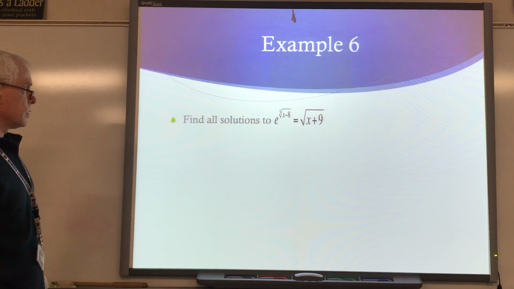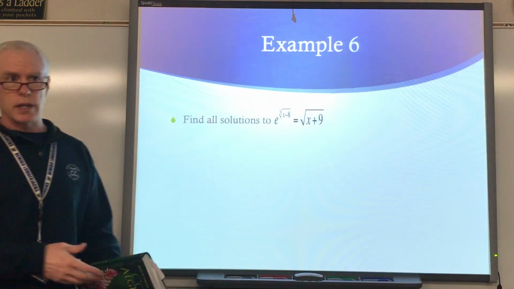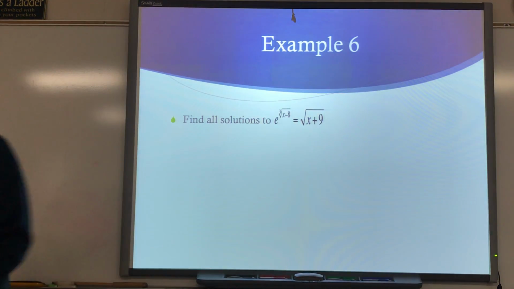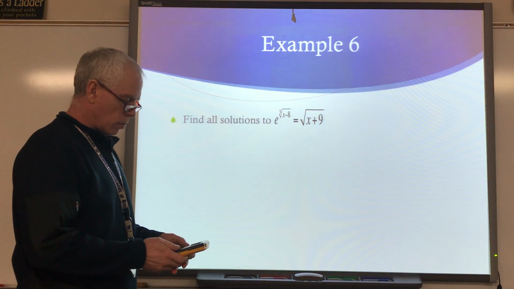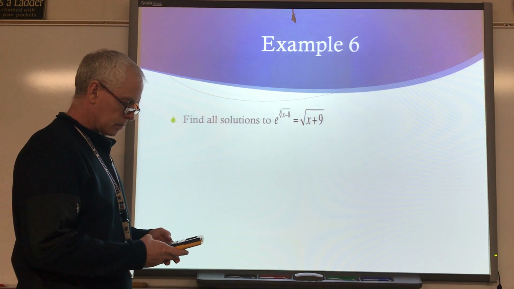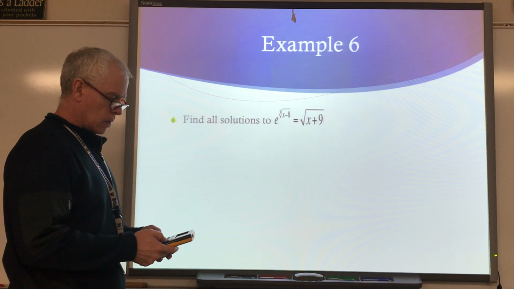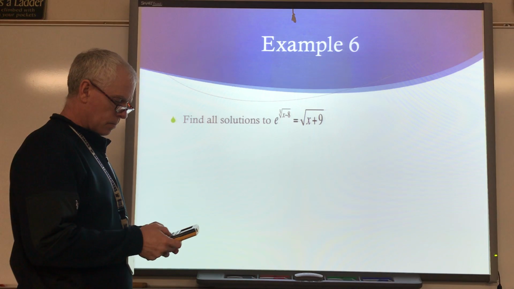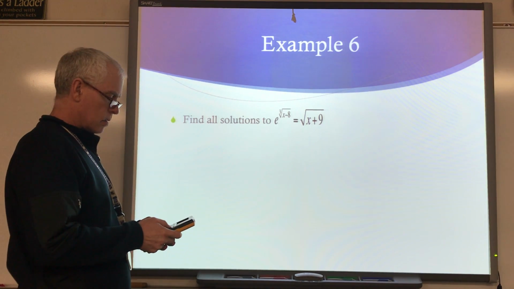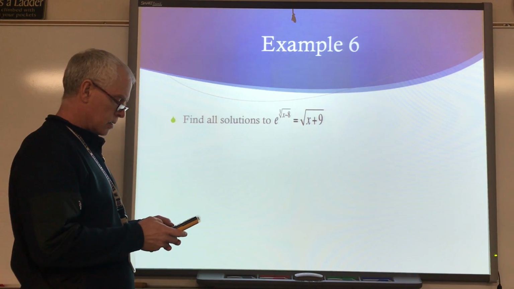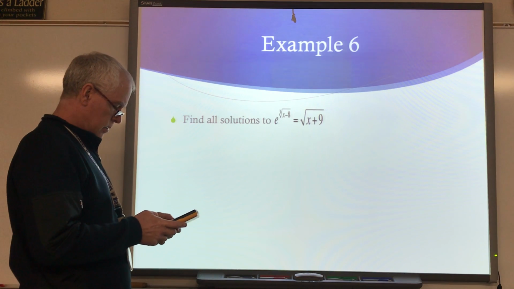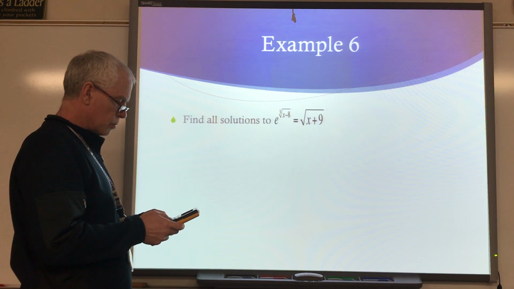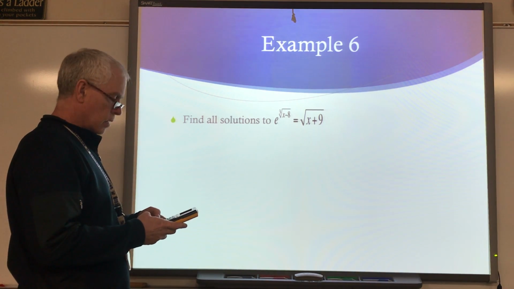All right, find all solutions. If you follow the book in this one, it says, let's go ahead and solve this graphically. So my suggestion to you guys, go into your y equals, and put in the left side: you're going to put e to the cubed root, and cubed root's in the math menu there, you guys, of x minus 8.